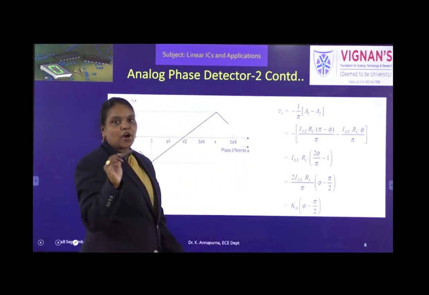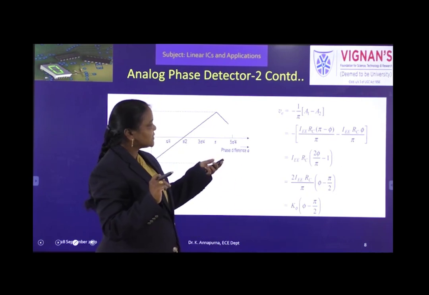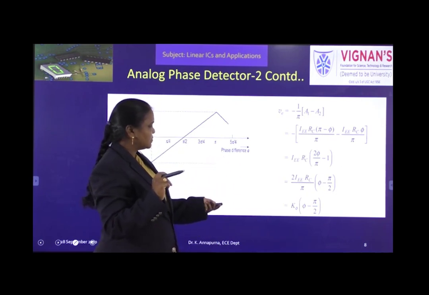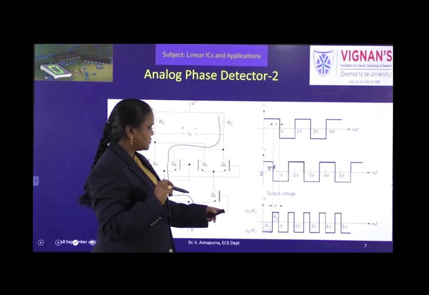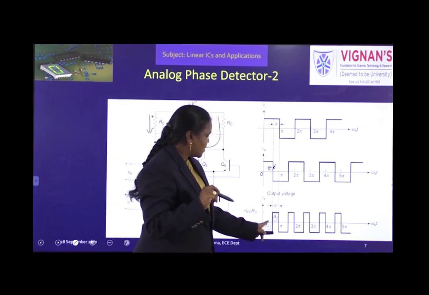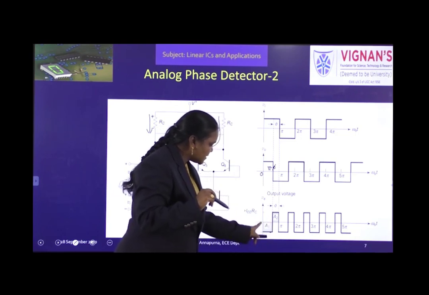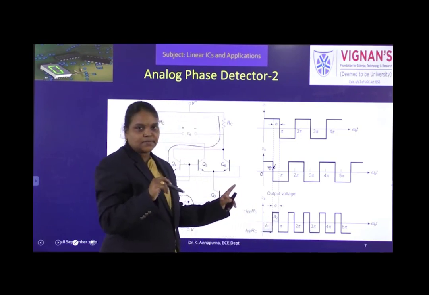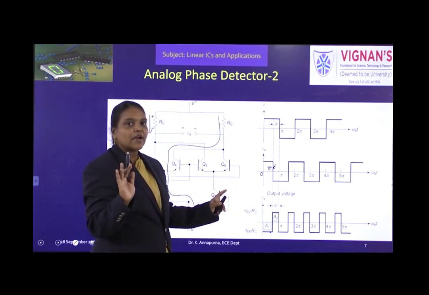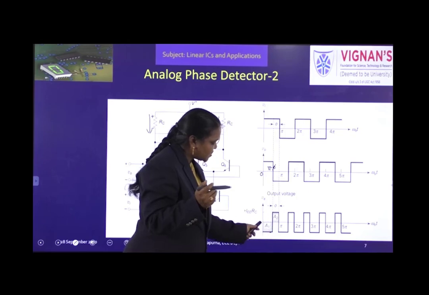And what is the area of a rectangle, you know? Okay, length into breadth. So what is the area A1? This width is pi minus phi and this height is IEE RC. Here no negative values we have to take, because we have already considered that, and it is just a rectangle.